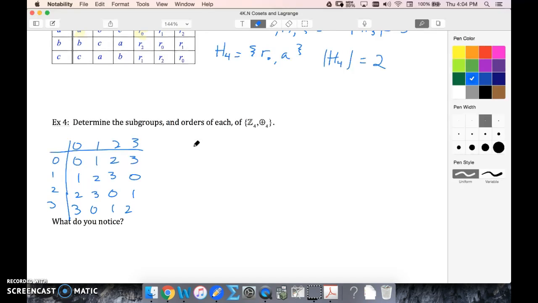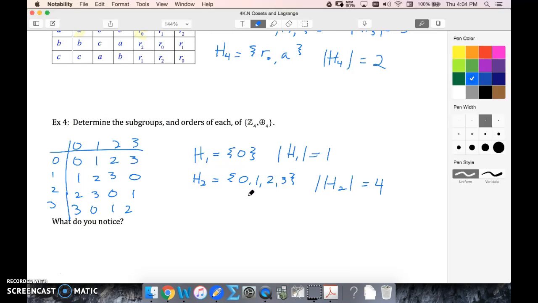If I want my subgroups, I've got the trivial ones. The identity element has order 1. The next trivial group, 0, 1, 2, 3, has order 4.